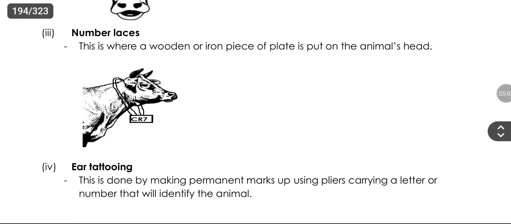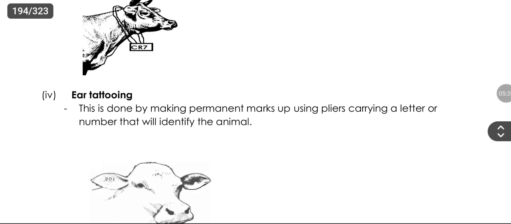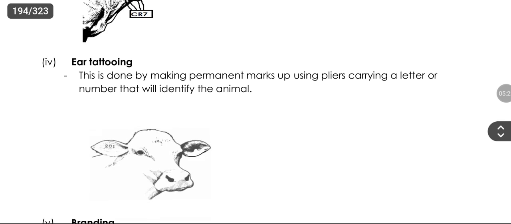Another one is called ear tattooing. So ear tattooing, you're saying this is done by making permanent marks using pliers carrying a letter or number that will identify the animal. So mwena mumanyi kye tattoo. All of you know what a tattoo is. So ear tattooing kitegeeza kuteeka ku kutu tattoo.